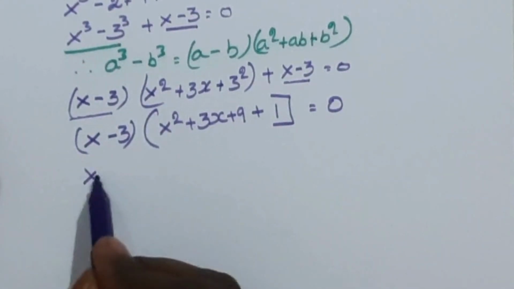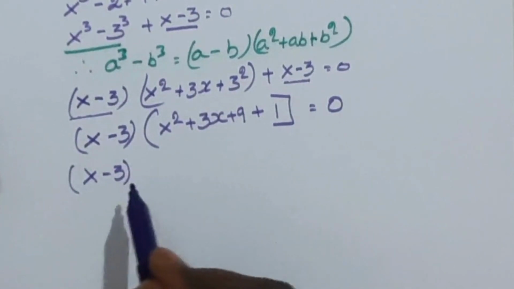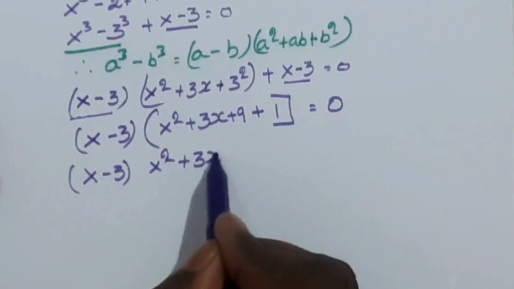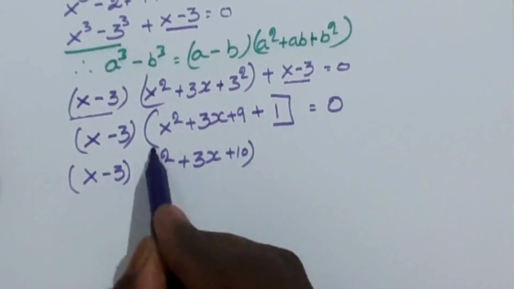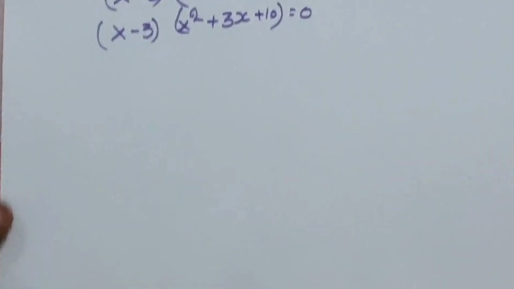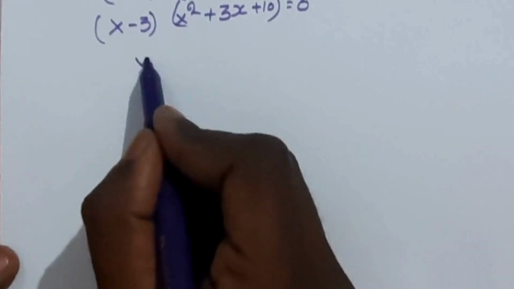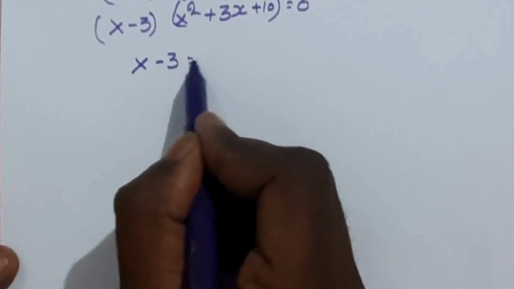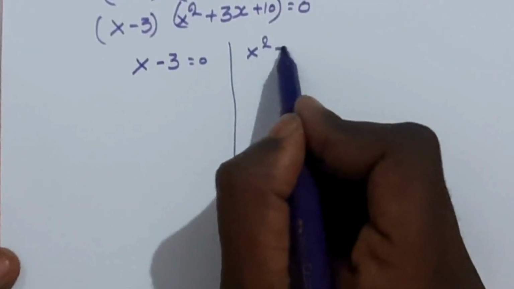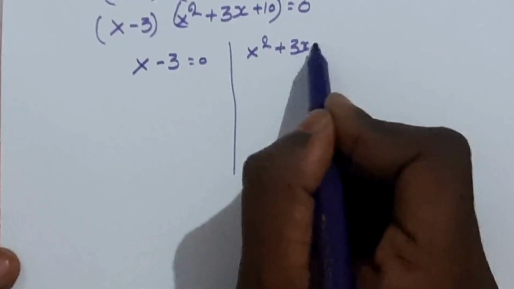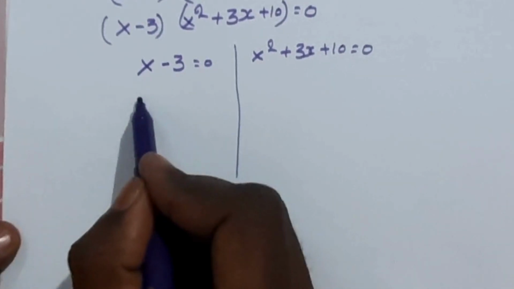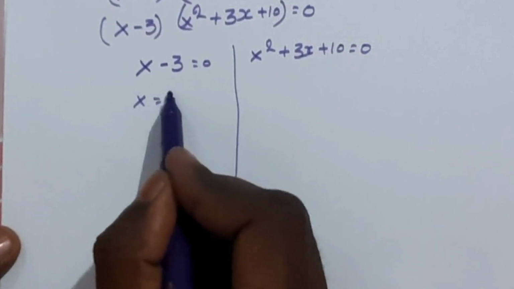Now (x - 3)(x square + 3x + 10) = 0. Now we have two equations here. One is x - 3 = 0. The other one is x square + 3x + 10 = 0. Here x = 3.